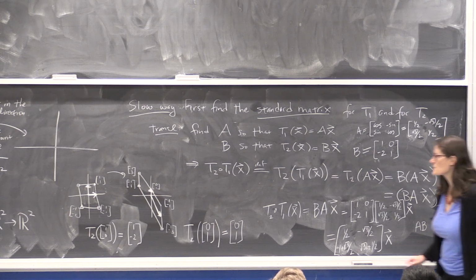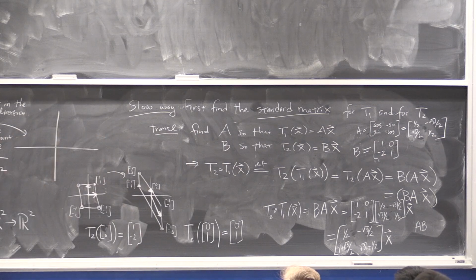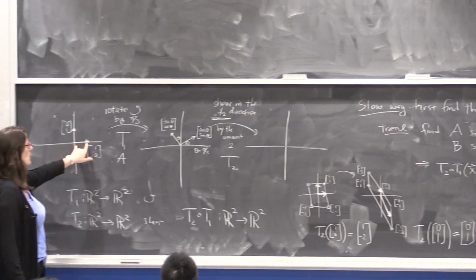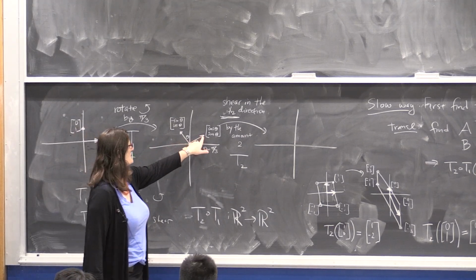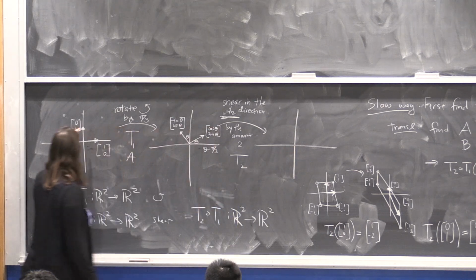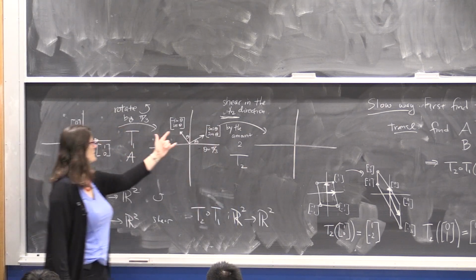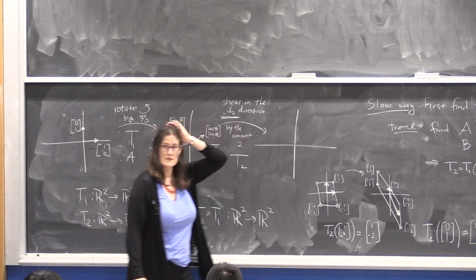Okay, so then the fast way of doing this would have been first figure out what this goes to, and then shear this to figure out what it goes to. Now figure out what this goes to, and then shear it to figure out what it goes to.